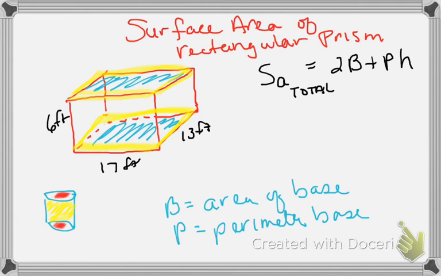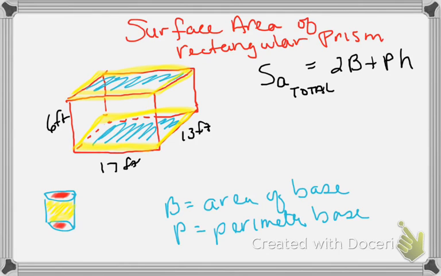Total is the yellow and the red added together. Rectangle prisms and triangle prisms, they're all the same way. You find the bases, which are like the circles on a cylinder, and the lateral is the two-dimensional figures that connect the bases together.